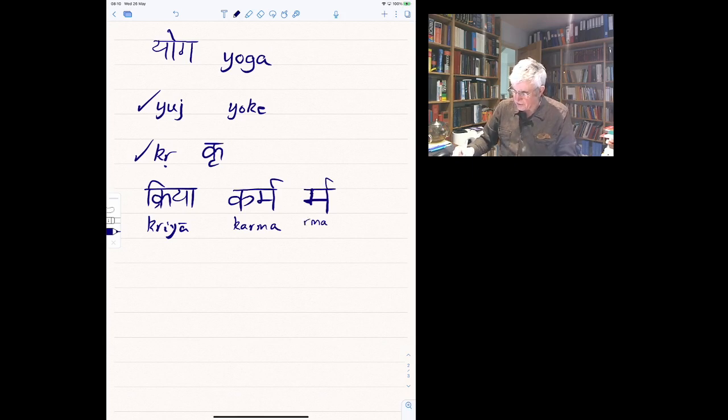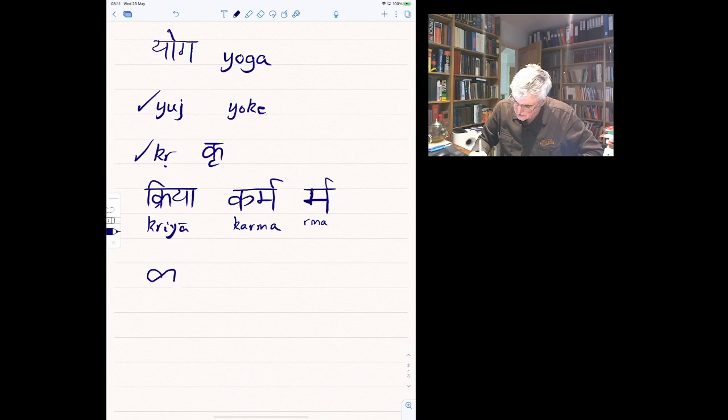So although it's pronounced at the beginning of this syllable, it's actually written as a hook at the end of it. Note also that the sign for the short i, the vowel sign, appears before the letter. It's the only occasion in the Devanagari script where you have the vowel sign appearing before the letter.